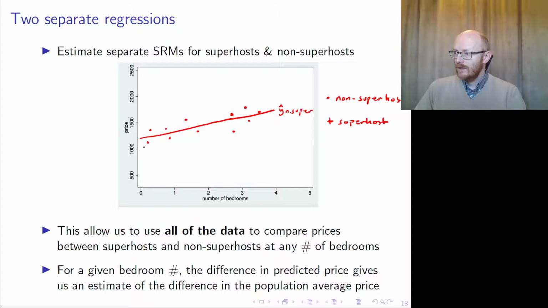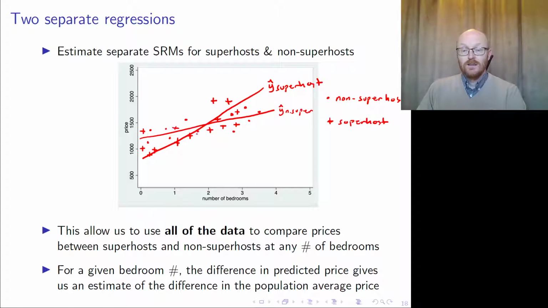And we have some data for the superhosts, and we get this regression line, this is y hat for the superhosts.